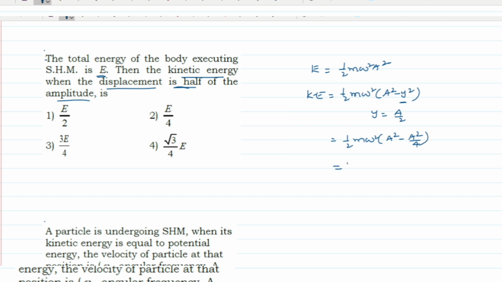Here you can write it as 3 by 4 a square, and here half into m omega square into a square. So the new kinetic energy will be 3 by 4 into E. This is the kinetic energy when the displacement is half of the amplitude.